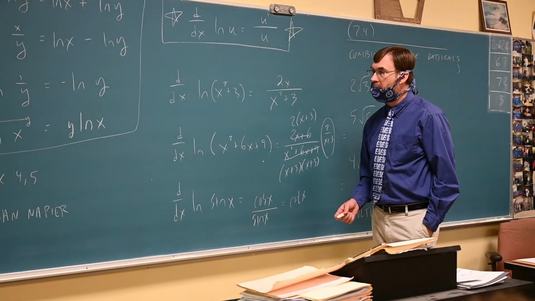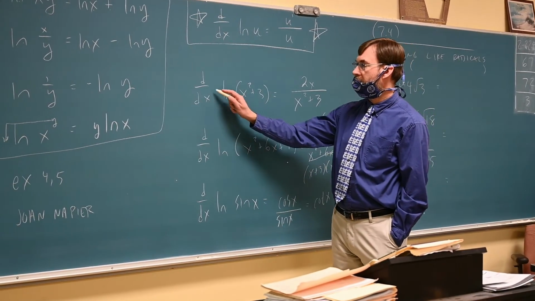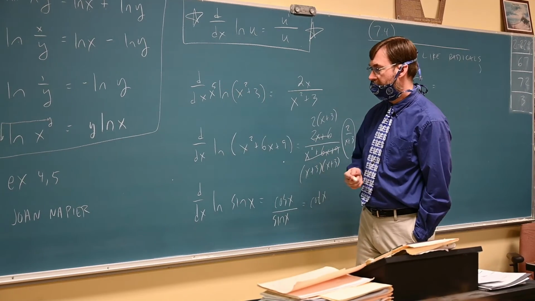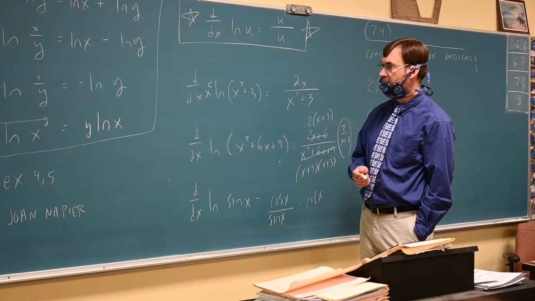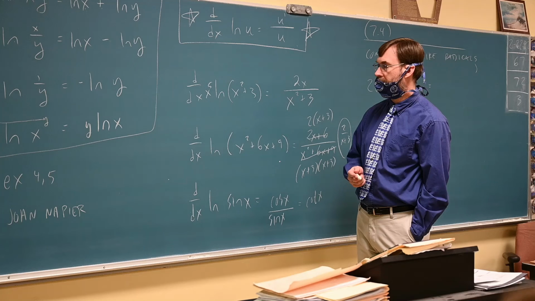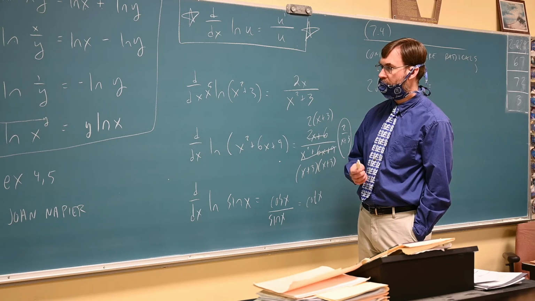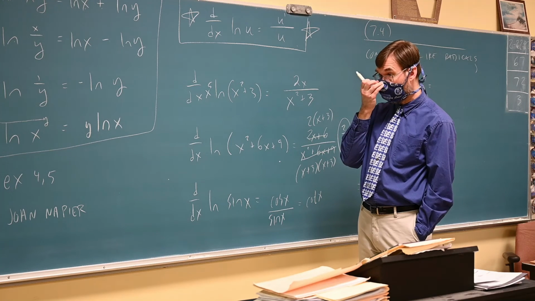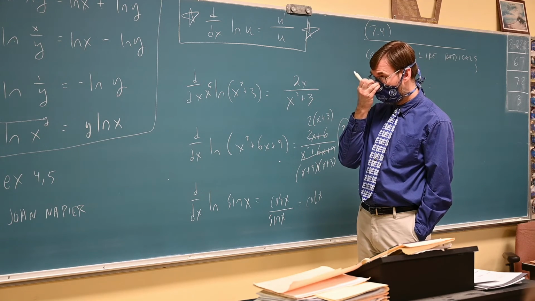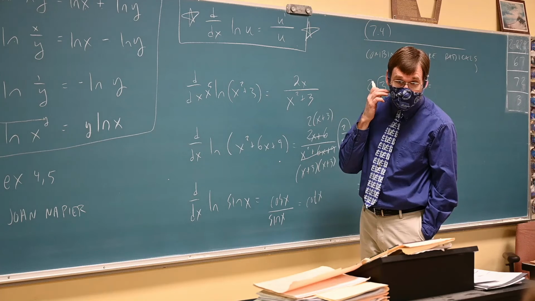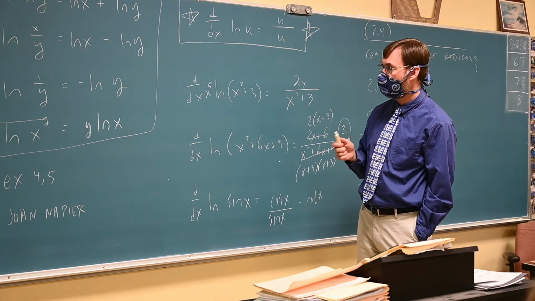If they want to be mean, they could throw here an x to the 5th. And now what did they just make you do? They forced an old thing back upon us from chapter 3. Not the chain rule, product rule.